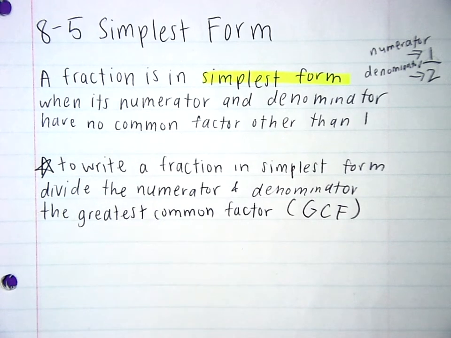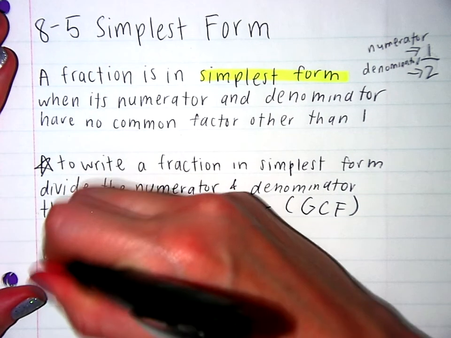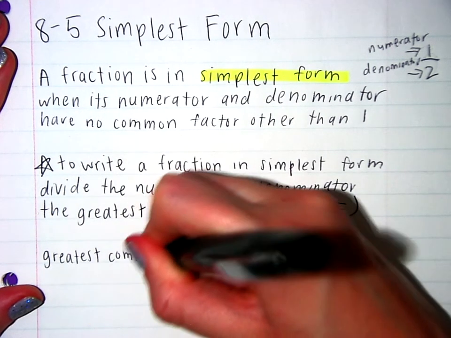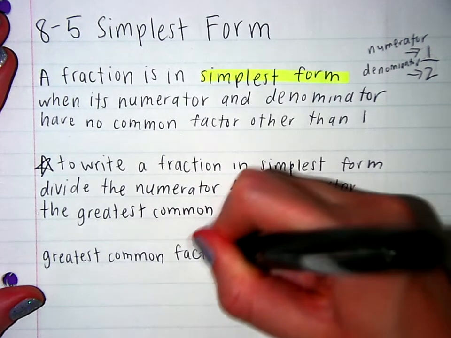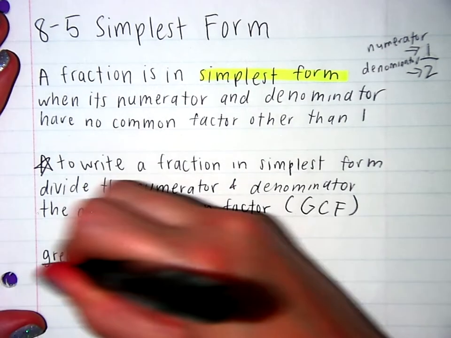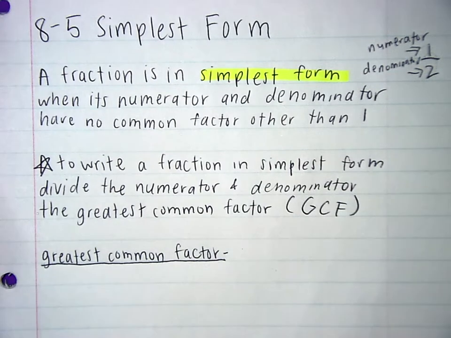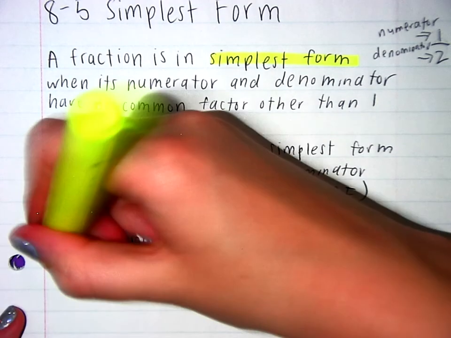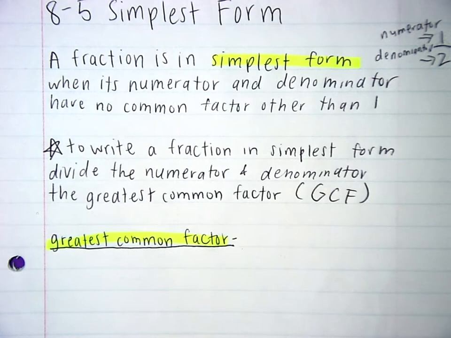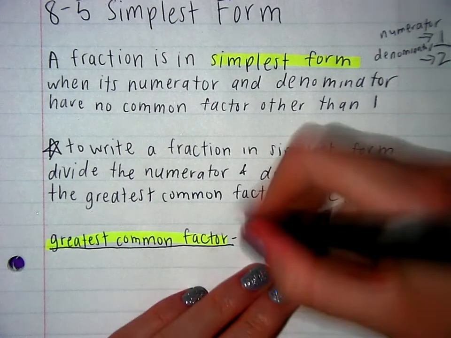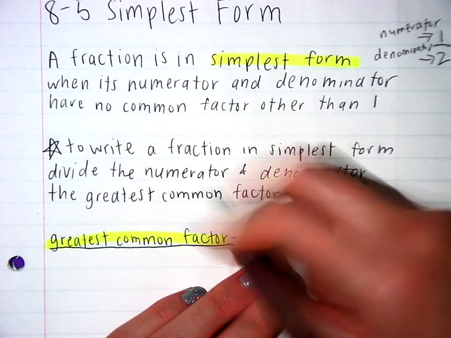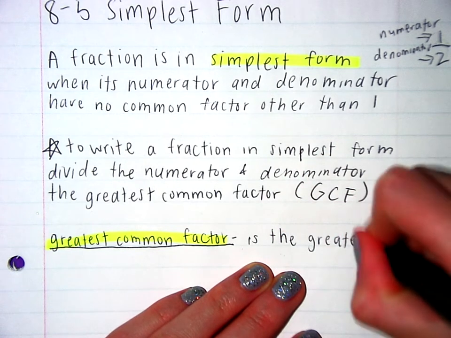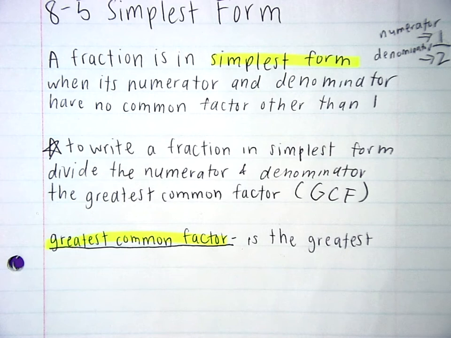So, now we're going to talk about the greatest common factor. This is going to be the definition of a greatest common factor. The greatest common factor is the greatest, which means the largest, because some numbers are going to have more than one common factor.